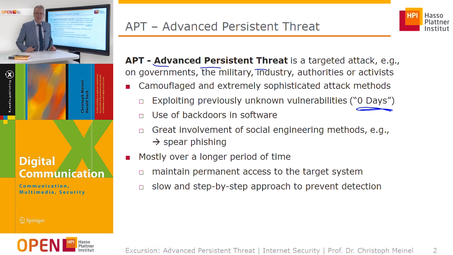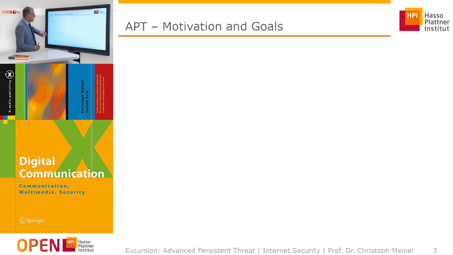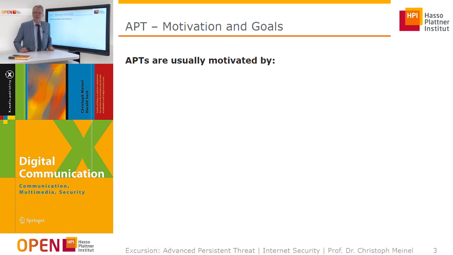They stay undetected and can in this way do their work. They maintain permanent access to the target victim systems. They slow down and step down the approach to prevent detection. So they are very carefully hidden, so that the victim does not become aware that he or she is attacked.